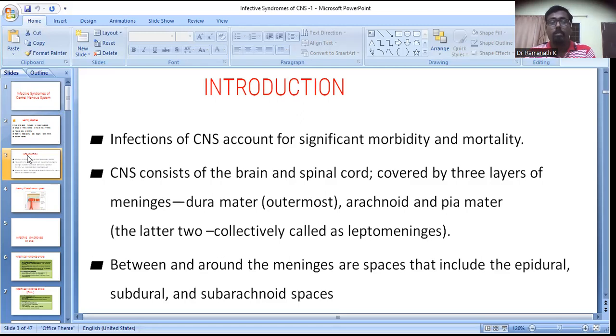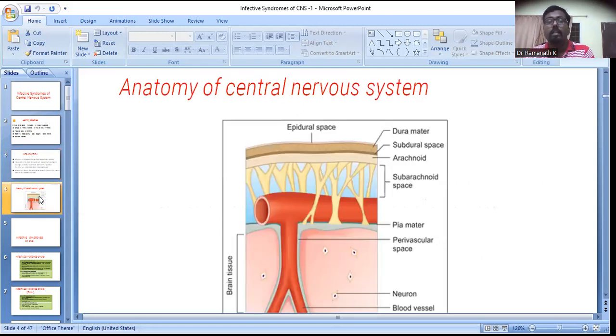So next I'm going to show you the anatomy of the central nervous system. In this particular diagram, you can see these three things, like dura mater, arachnoid mater, and pia mater. These are the meningeal layers. You can see the blood vessel here, and above this dura mater, you can see the epidural space.